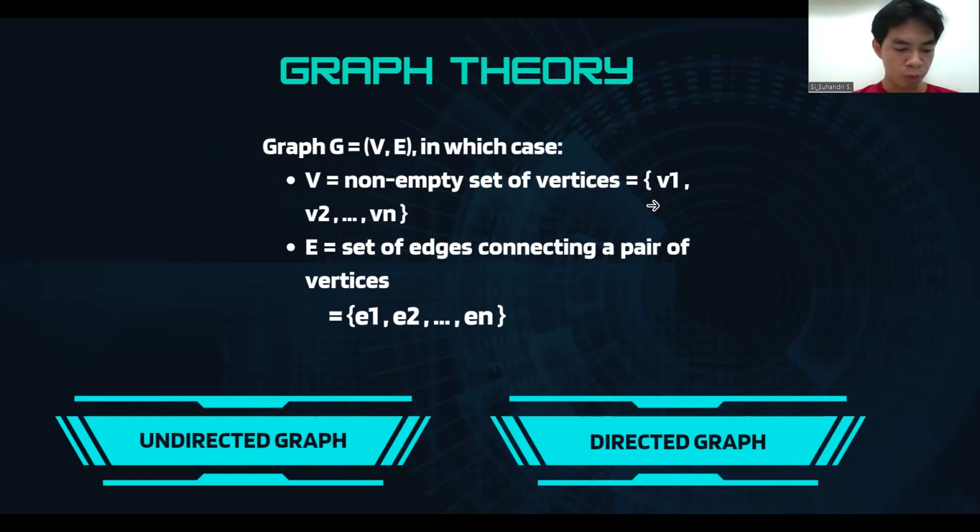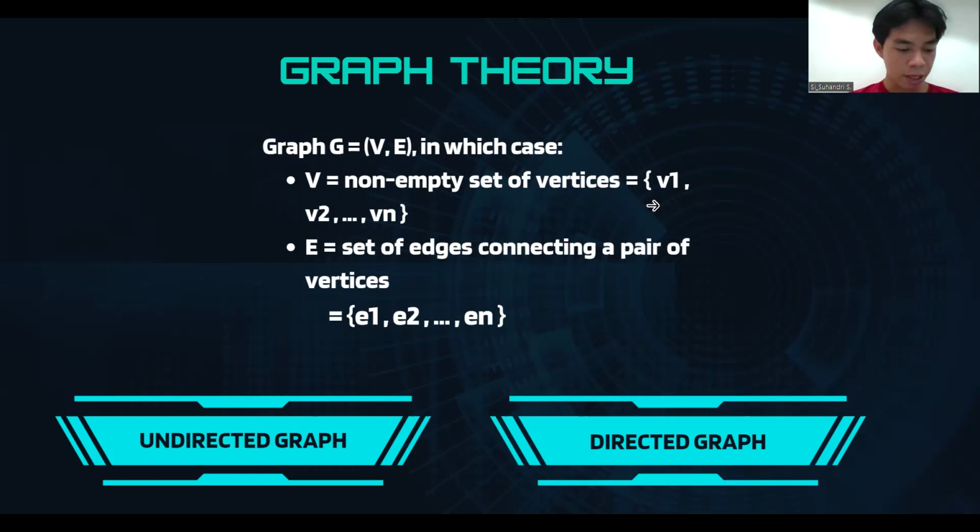When viewed from the direction of the sides, in general, graphs can be divided into two types. Number one, undirected graph: an undirected graph is a graph whose sides have no direction.